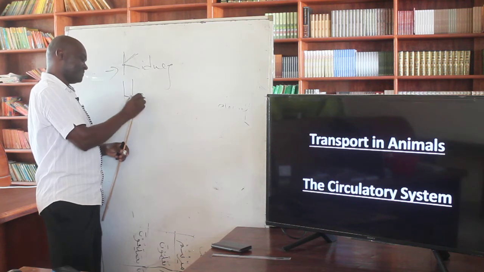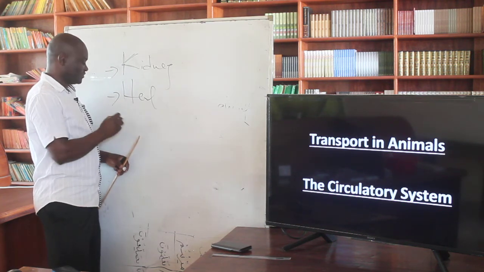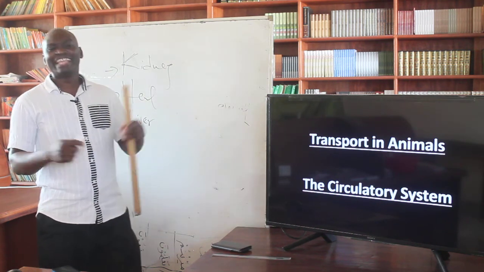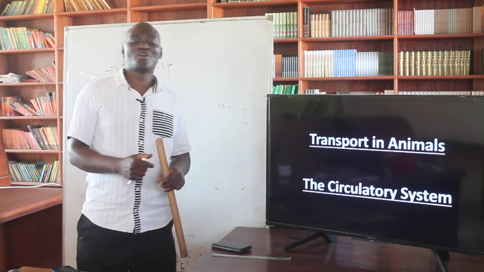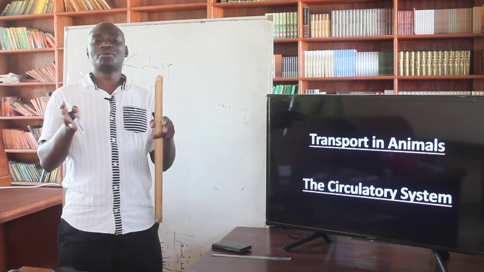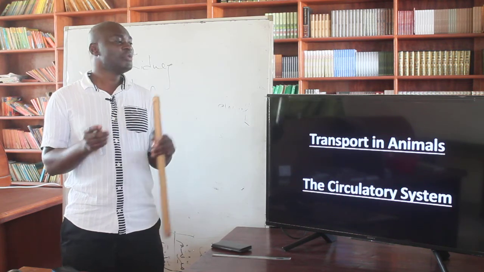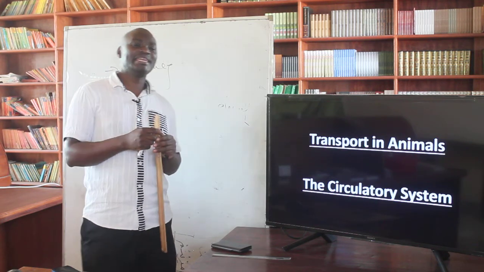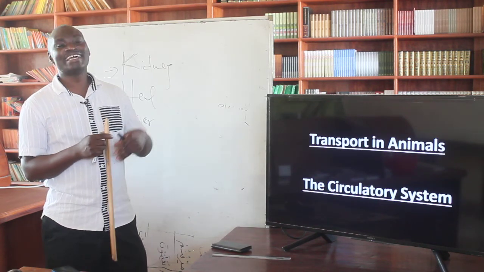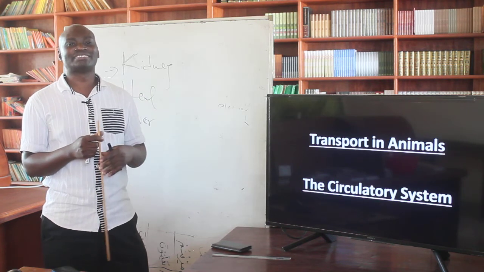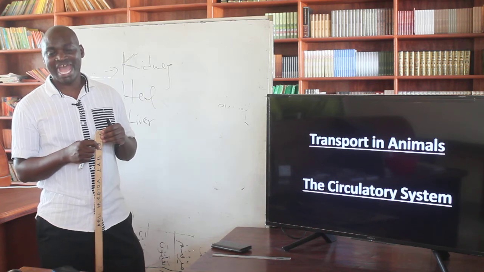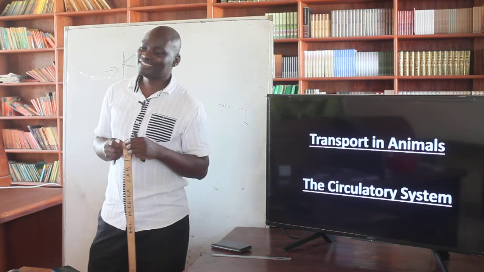The heart, the kidney, the liver, the lungs, the brain, all those things make your body complex. And therefore, when we are looking at transport in animals, we will find that the movement of substances within the body of an animal is more complex as compared to that in plants.